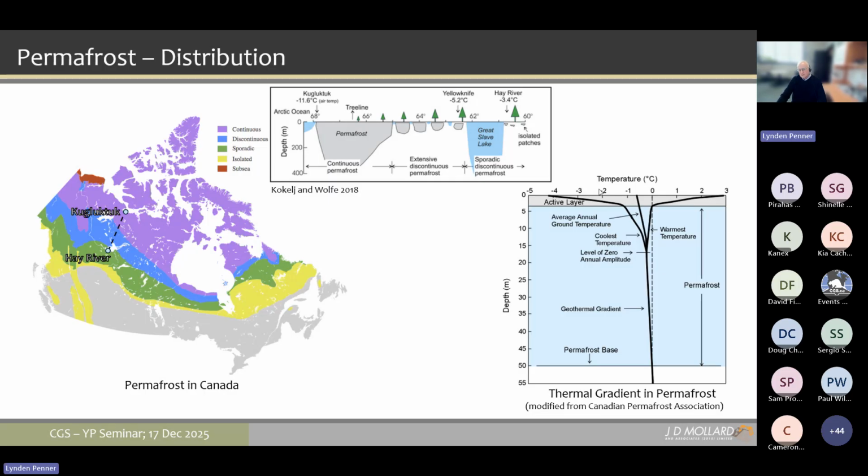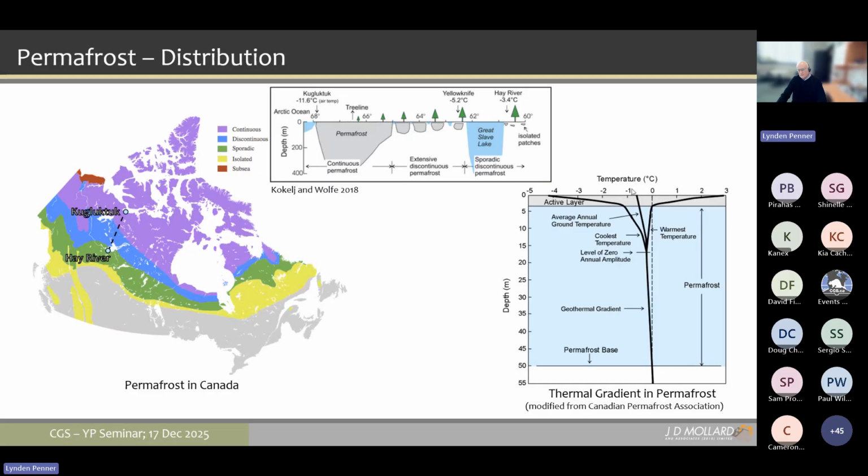The thermal gradient looks something like this, where in the active layer, the temperature can range from several degrees above zero to several degrees below zero over the course of a year. And then as you go down in depth, you reach a point where there's zero annual amplitude, zero difference between the seasonal temperature, and then the permafrost table, the base of the permafrost, is where that gradient crosses over into the positive temperature zone.